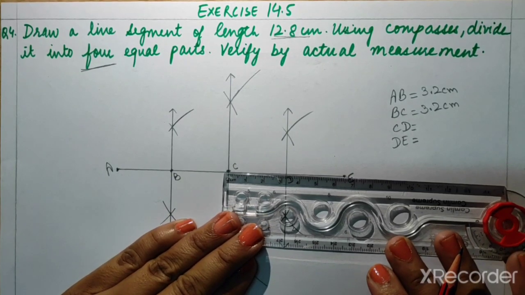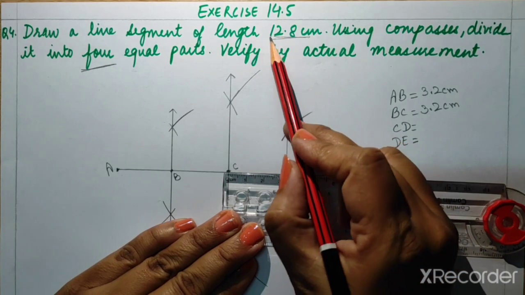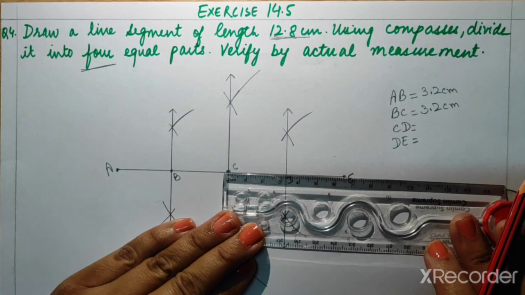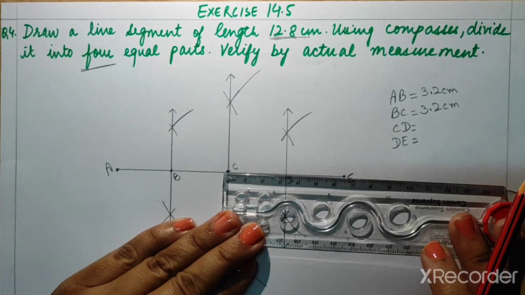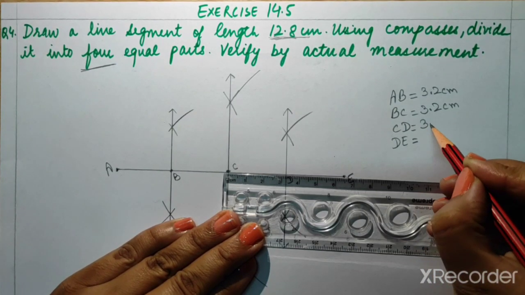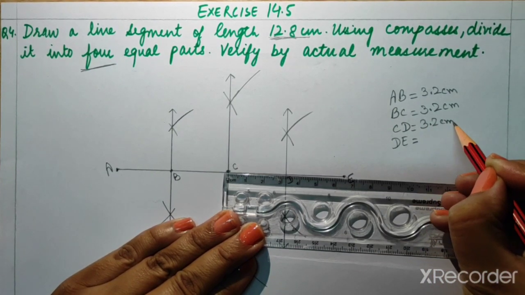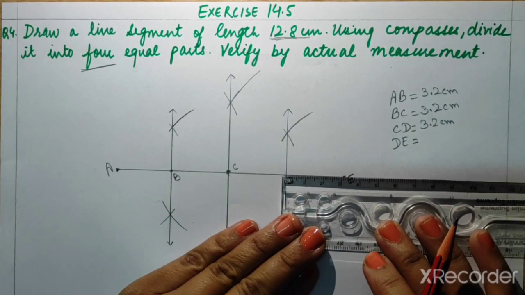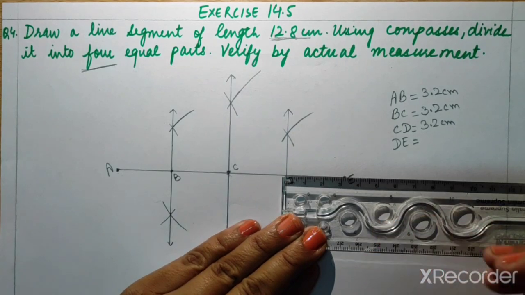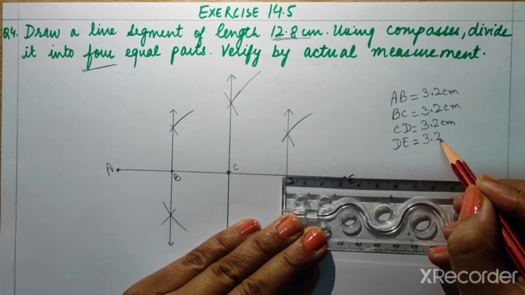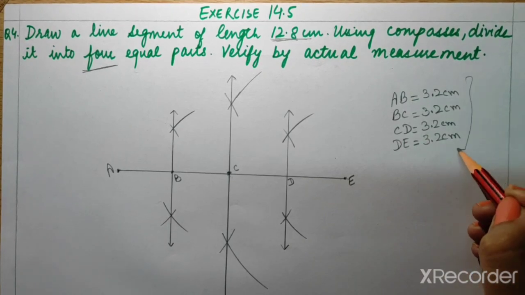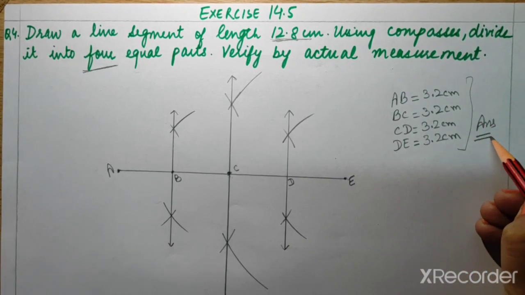Because we have divided into 4 equal parts, and obviously when you draw a line segment of 12.8 centimeter, 1/4 of 12.8 will be 3.2 centimeter. So all of you will get the same length, 3.2 centimeter. And if you are not getting it, it means you have done something wrong. Again this is also 3.2 centimeter. So the length of each part is 3.2 centimeter.